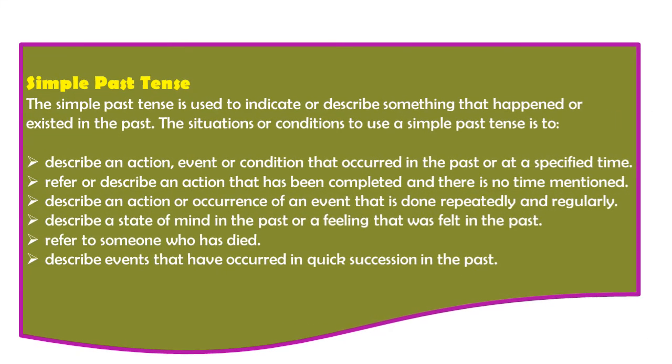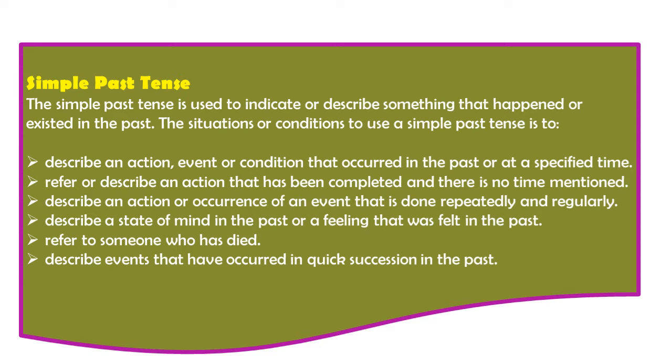First, we are going to see simple past tense. The simple past tense is used to indicate or describe something that happened or existed in the past. The situations or conditions to use a simple past tense are two.